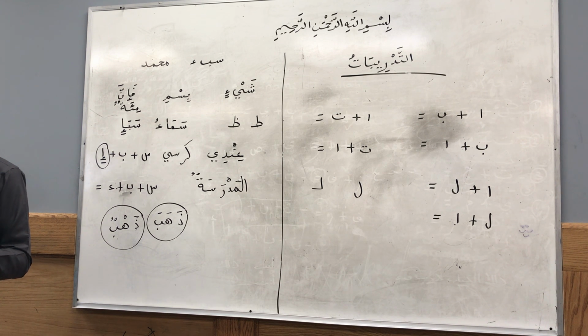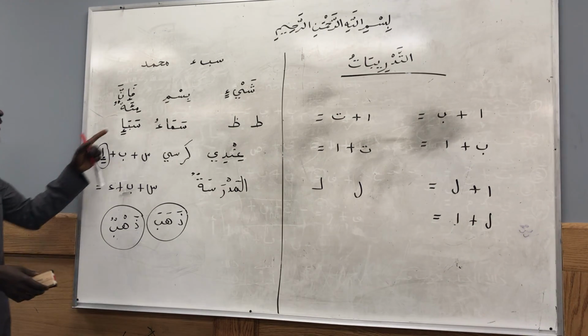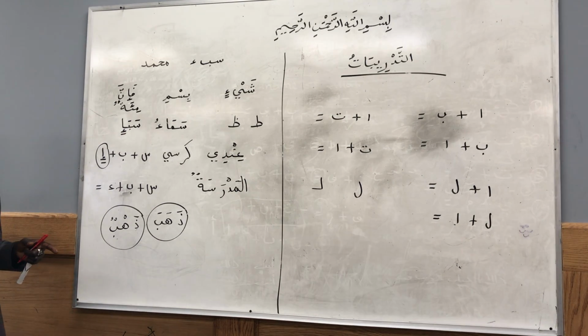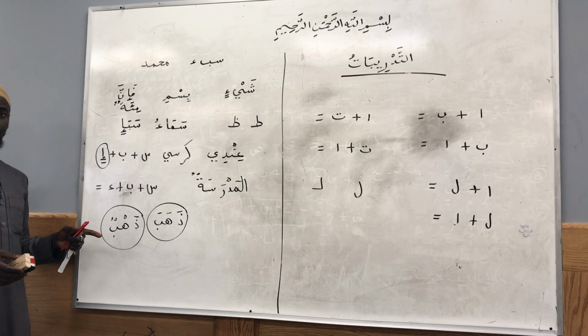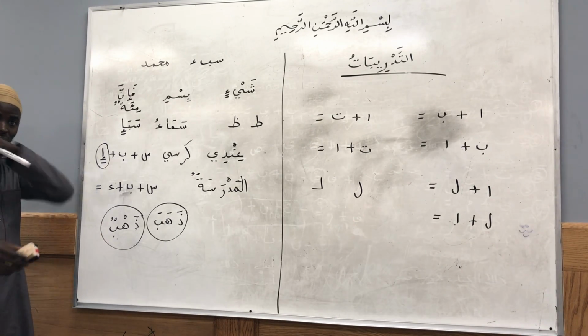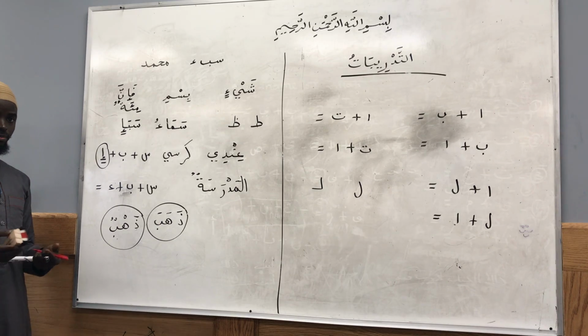But if you put the alif wal lam, that means I know which masjid you're talking about. You understand? The same thing, like waladun is a boy. Al-waladu, the boy. You know what you're talking about, right? All right. So Masere, the Hamza is clear? Uh-huh.